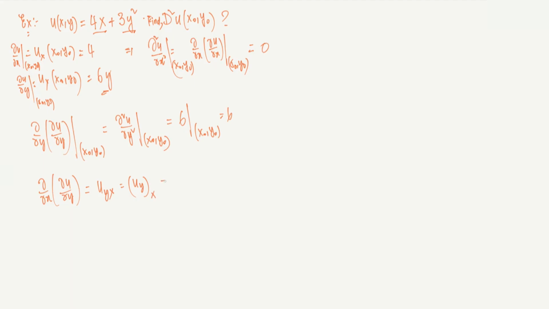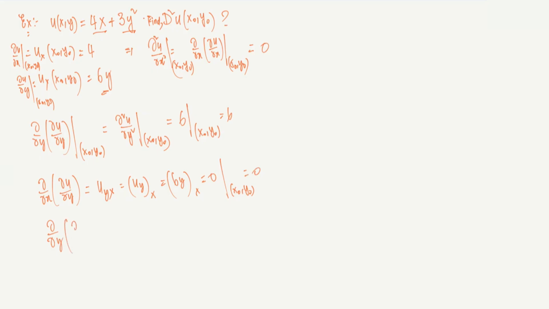So first you find out what u of y is. In this case, it is 6y. With respect to x, this is going to be 0. Of course, the whole calculation is evaluated at the point x0 y0, which again turns out to be 0. I'm not writing all that; you can do it yourself.